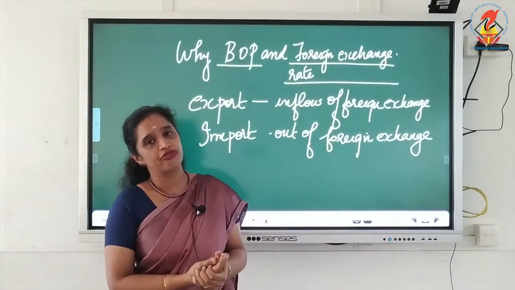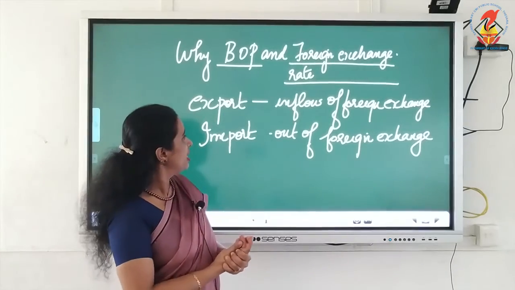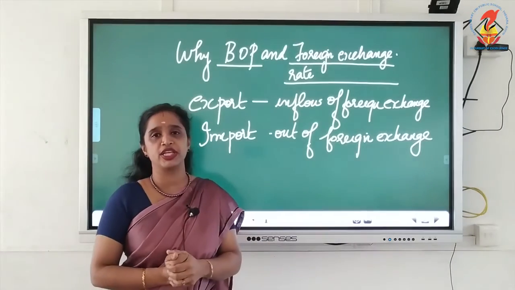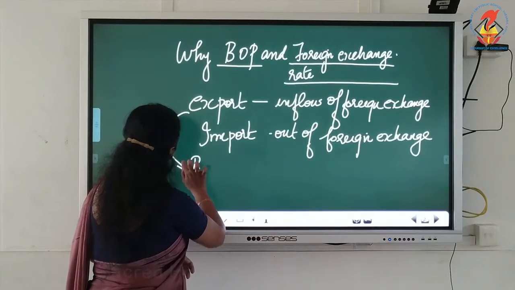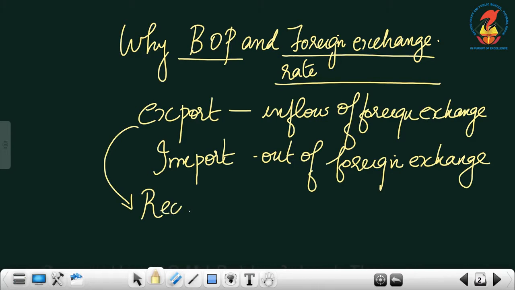Now, if there is inflow of foreign exchange, it means what? The receipt is greater than payment. Inflow of foreign exchange means we are getting, therefore receipt is greater than the payment.